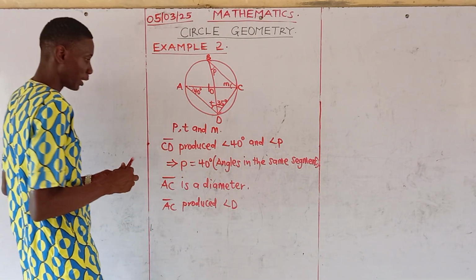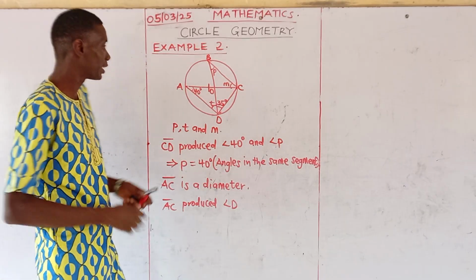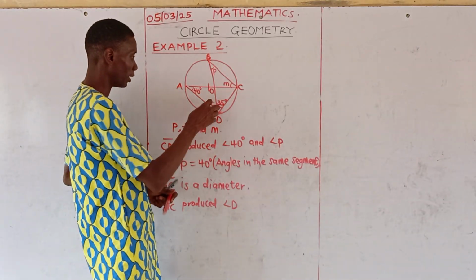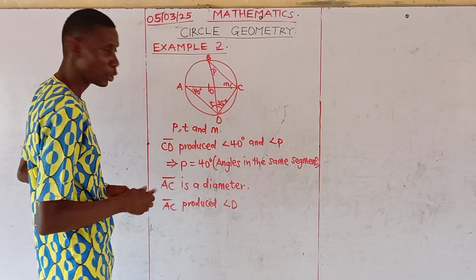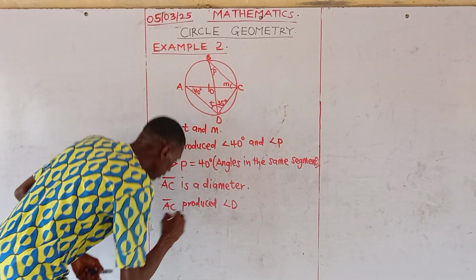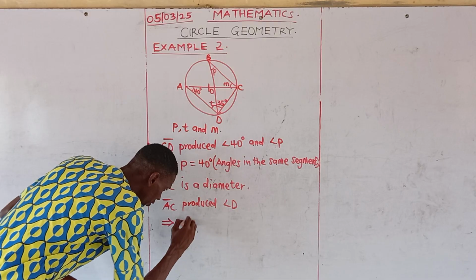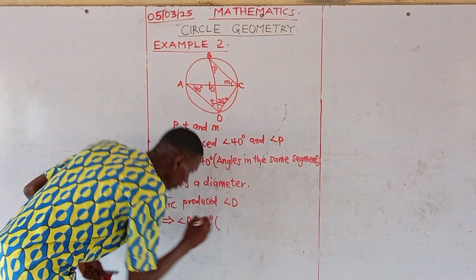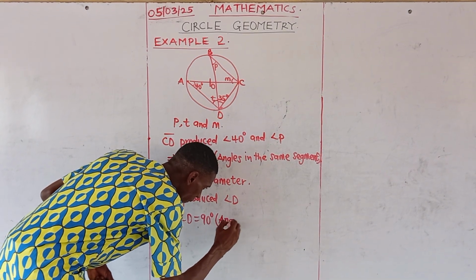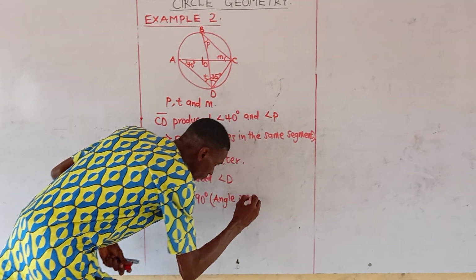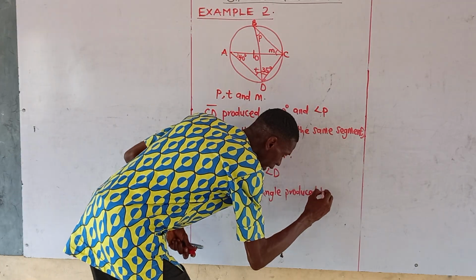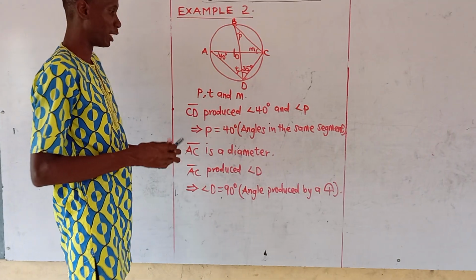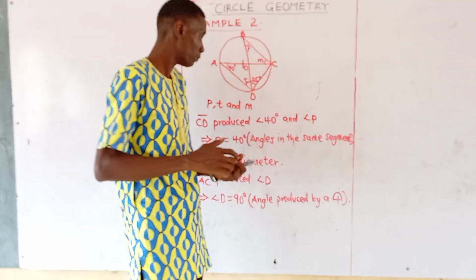Inside your angle D, it contains angle T and angle 35 degrees. Which implies that angle D is equal to 90 degrees. Why? Angle produced by a diameter. Are we following?